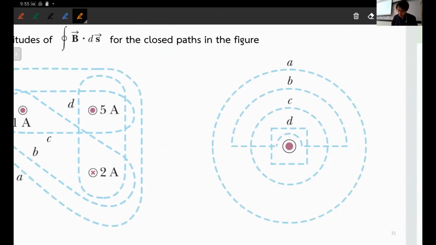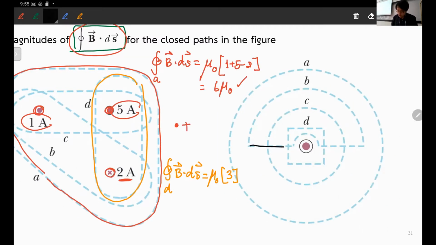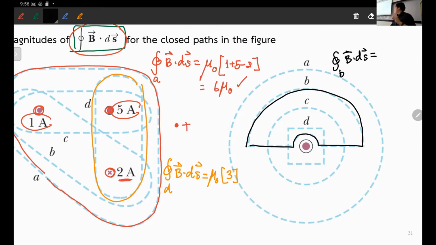If you look at this one, if I do this loop right here, look at the loop over here. What should I get, guys? Loop B, what should I get? Loop B on the right figure. Of course, 0, because there's no current through the loop. With me?